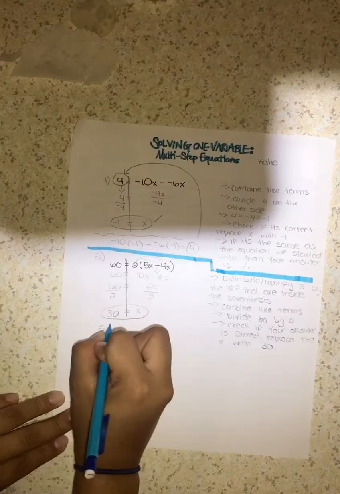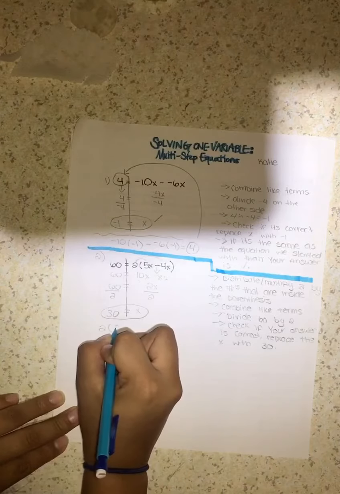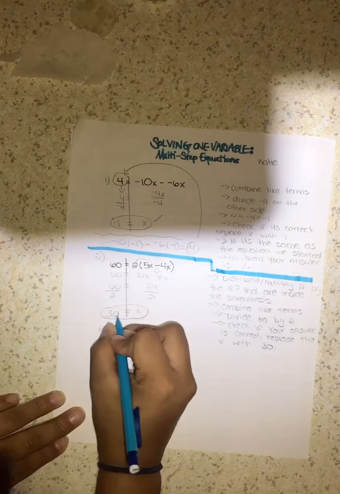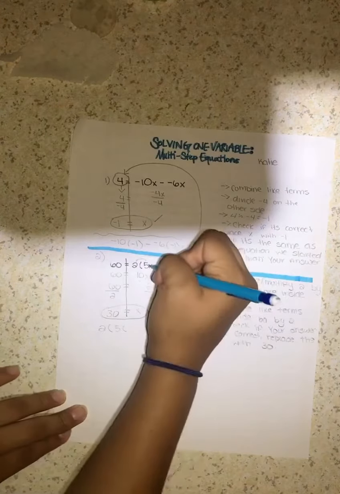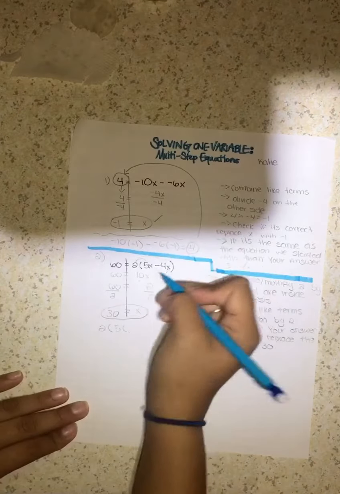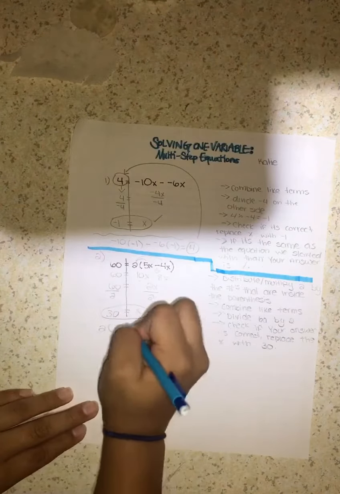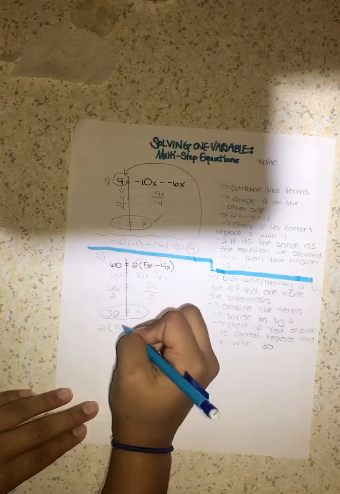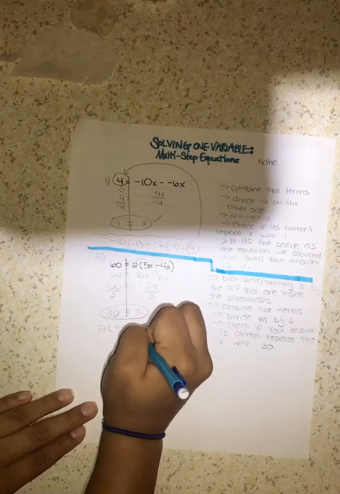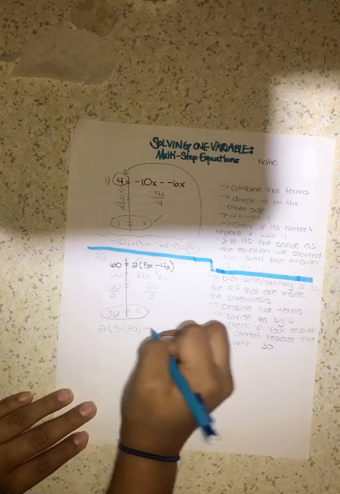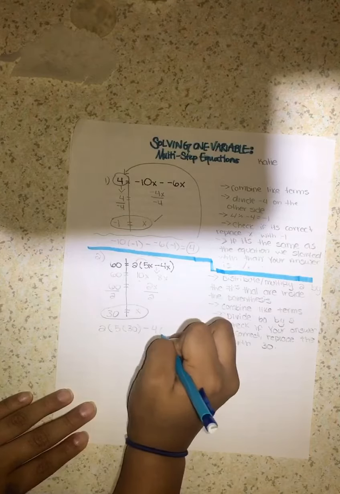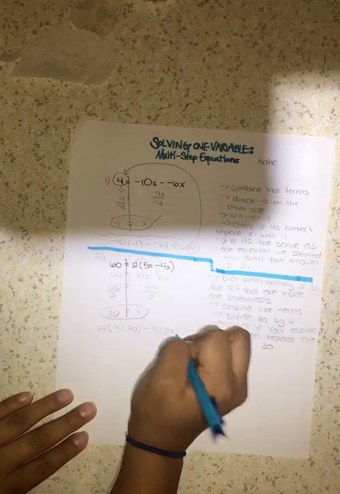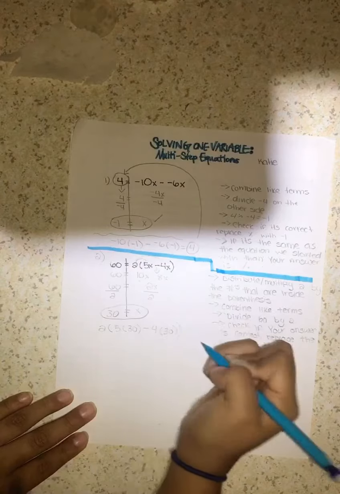So 2, 5, and then another parentheses with our x. Since it has 5x, we're just going to replace the x with 30. So 2 parentheses 5 parentheses 30 parentheses, and then minus 4 parentheses 30, and then another parentheses.